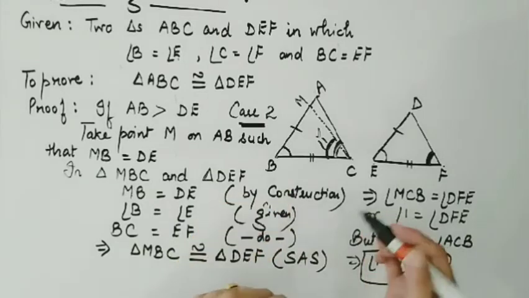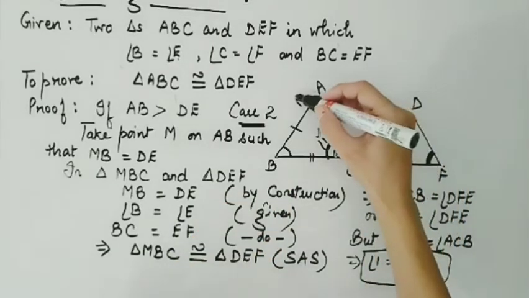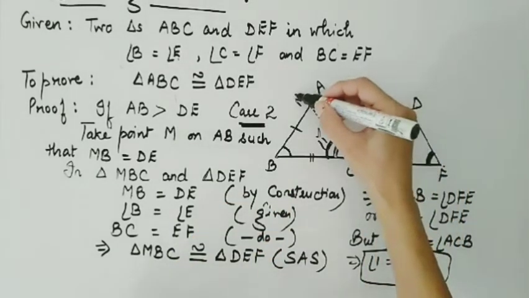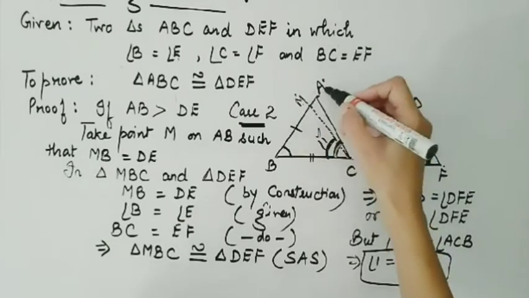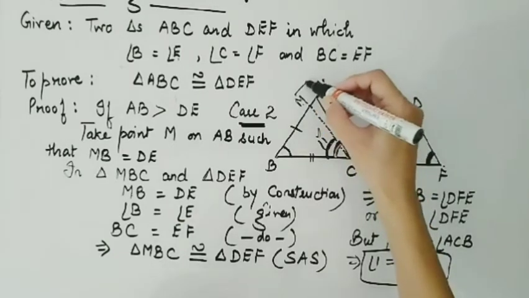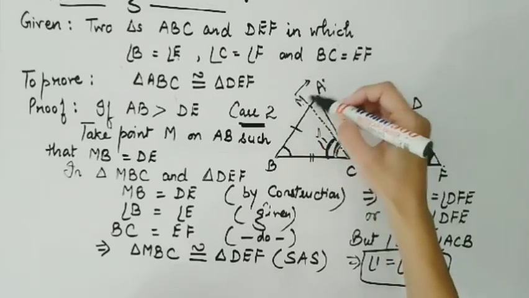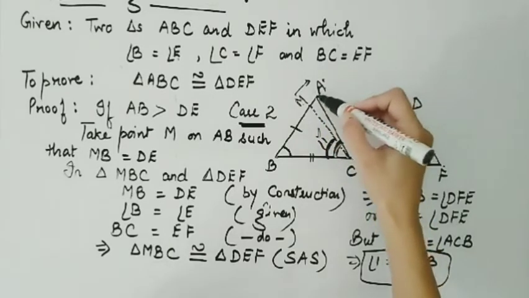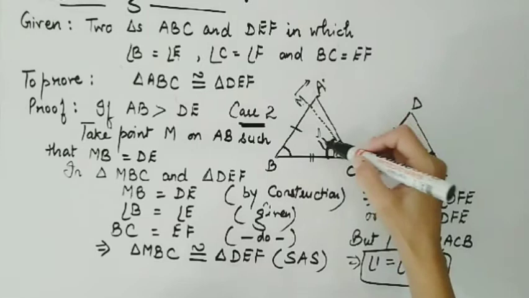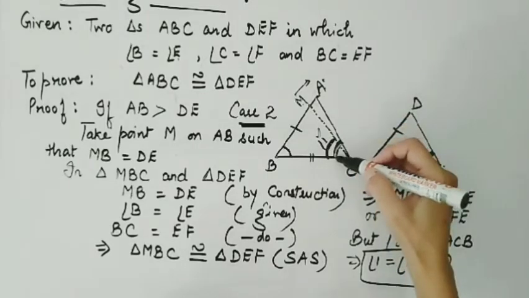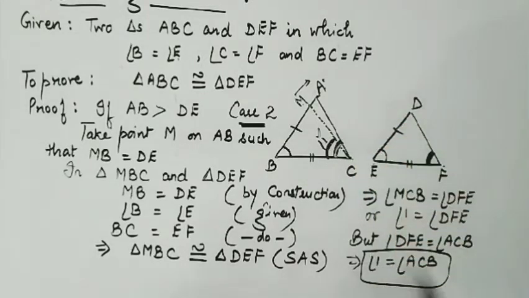This would be only possible if M and A are not two distinct points, they are actually overlapping. Either M should go here or A should come here. Then only angle 1 and the complete angle C would be equal.